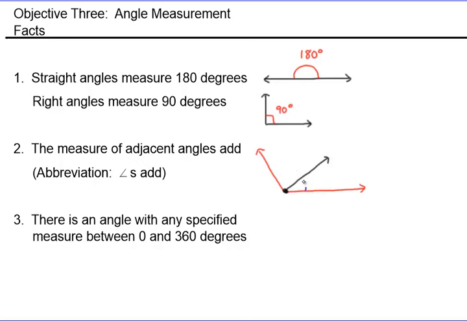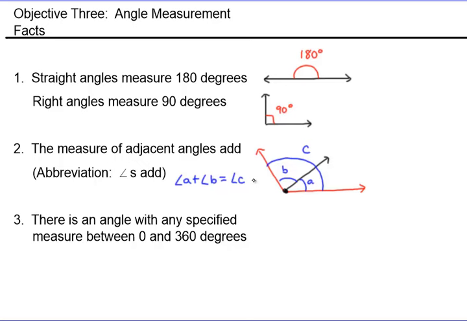What I'm saying is if this is angle A and this is angle B, then together I can add them together and get angle C. So I'm saying that angle A plus angle B equals angle C. That's all it's saying. You add the two parts together to get the whole.